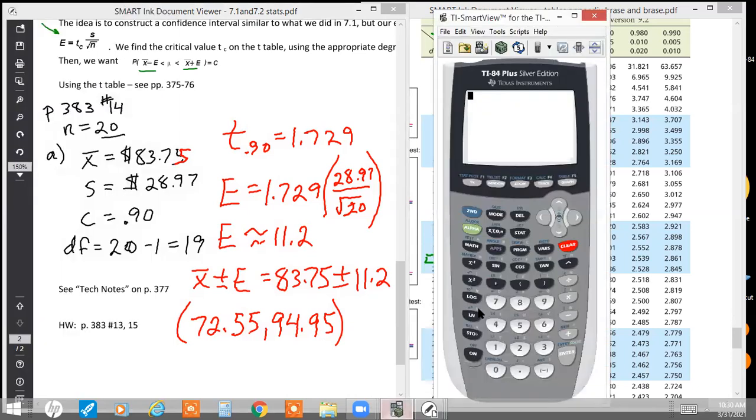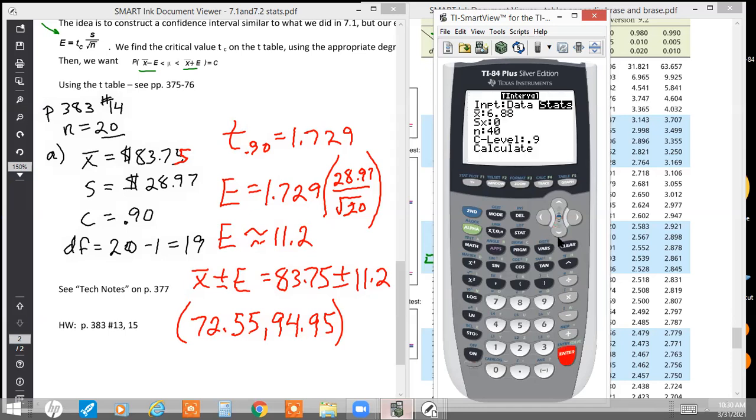So how do you do this on a graphing calculator? Well, we go into stat and we go over to test again. I'm going to arrow over this way. Now, 7 is a z interval. We are now doing a t interval, and it should be option number 8. We're going to enter.